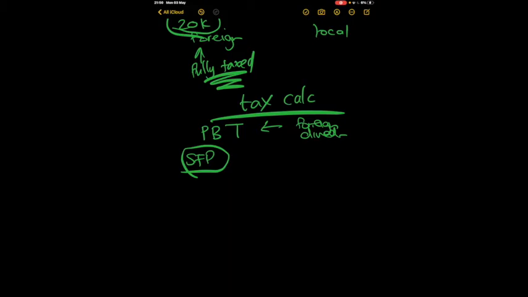On an intuitive level or a common sense perspective, why is there no deferred tax? Because the accounting treatment and the tax treatment is exactly the same. We are recognizing the income, and as we recognize the income, it is being taxed, so there's no difference between accounting and tax.